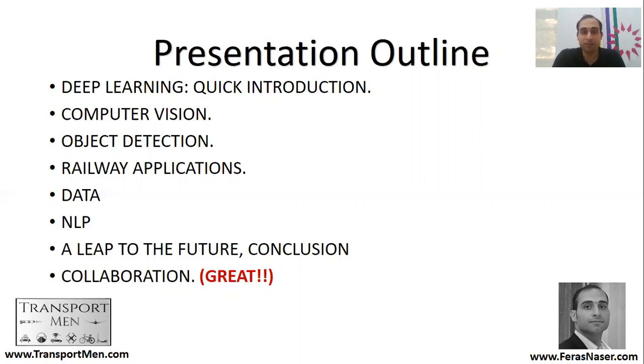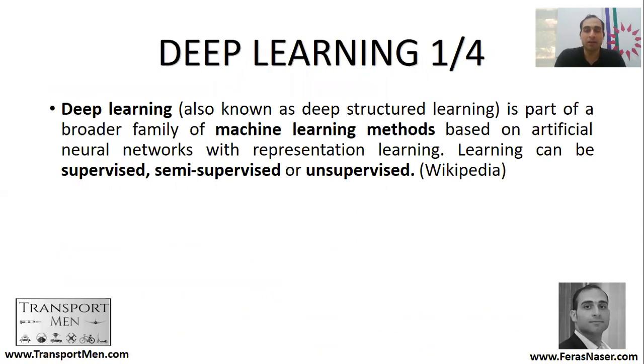Then we'll be jumping to natural language processing, talking about BERT and how this can be related to railways. Then we will be jumping to the future under the title A Leap to the Future, and we'll be doing some conclusions. Then I will shed light on a few areas of collaboration that we can be working on together. So let us start.